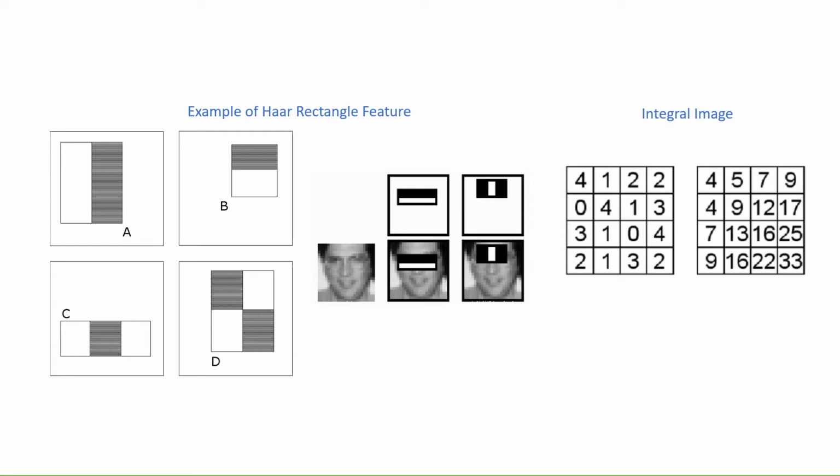So how does this feature react on the image? Let's see, this is one of the features, and I'm keeping this feature on the face, and we get some number.